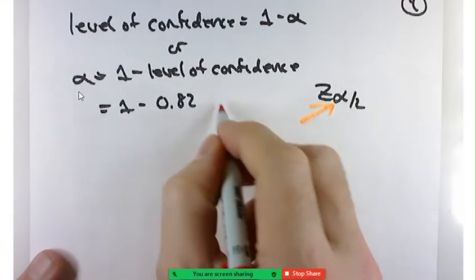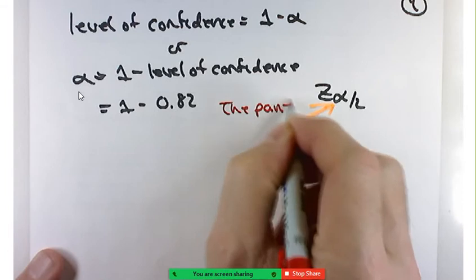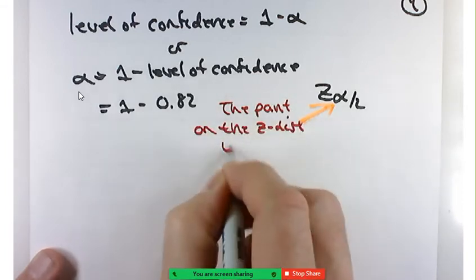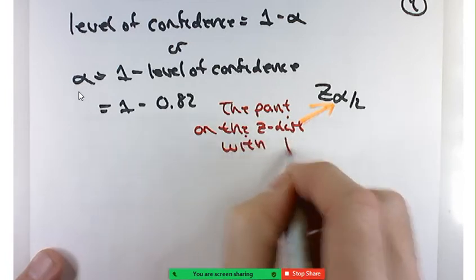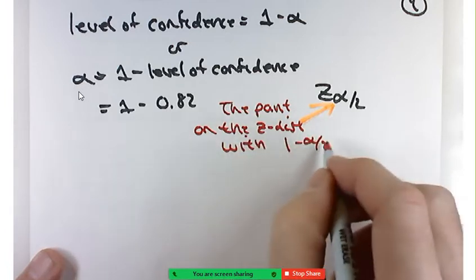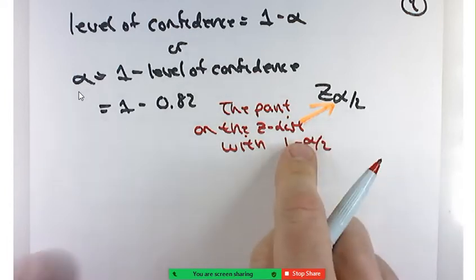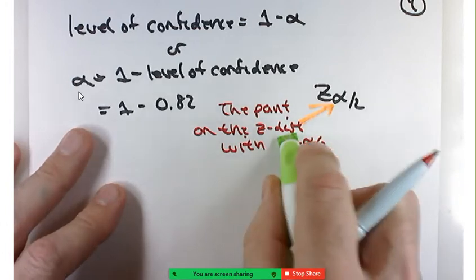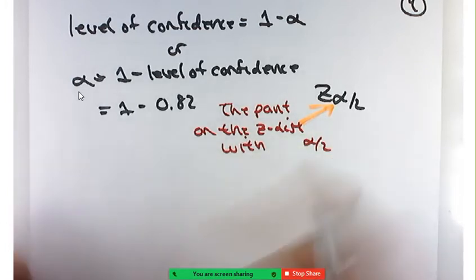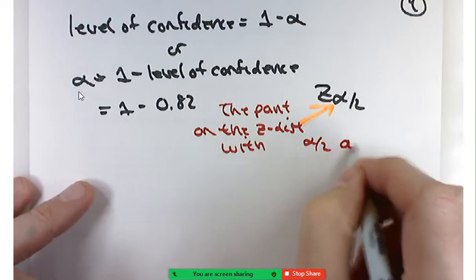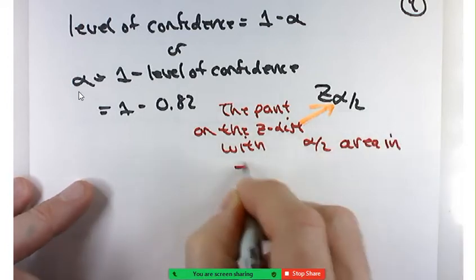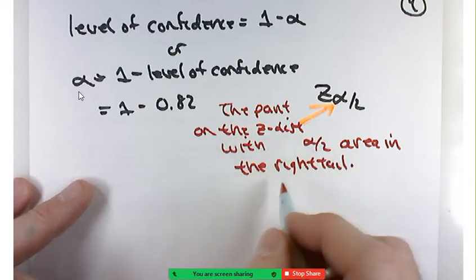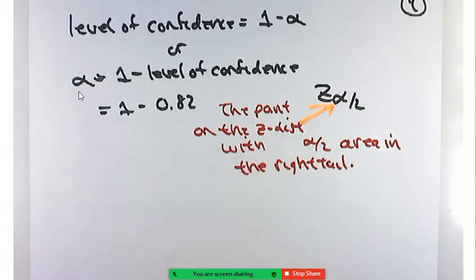So the point on the z distribution with just alpha over 2 of the area in the right tail.